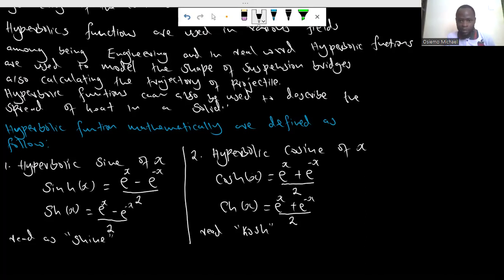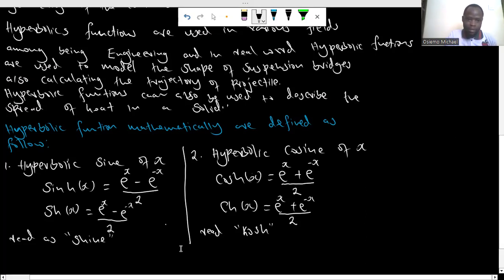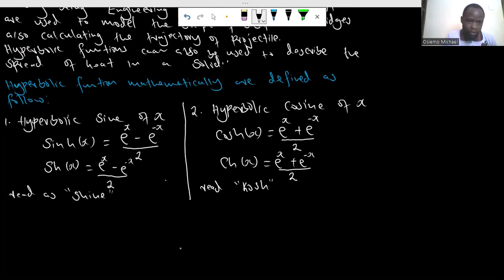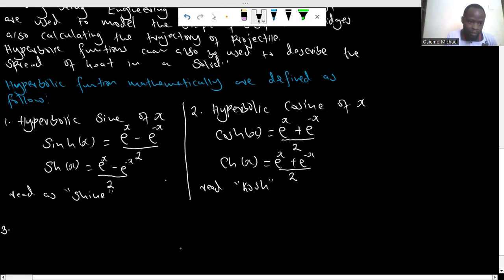Now, to get the hyperbolic tan of x, we apply the same principle you applied in trigonometry. Number 3, hyperbolic tangent of x.